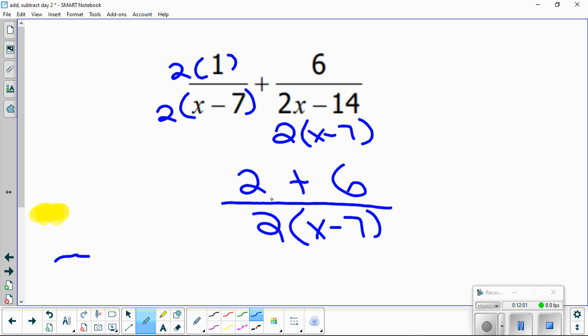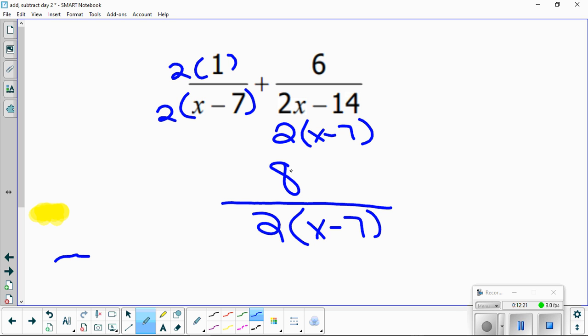Now we just go ahead and do adding. We add like terms. X's with X's, numbers with numbers. There's not even any X's up there. There's just numbers. So 2 plus 6 is 8. You knew that 8 was coming from somewhere. And normally I would be done.